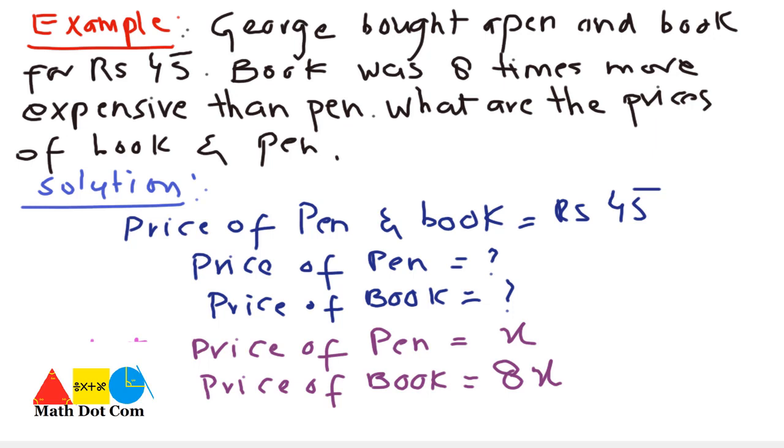So we have assumed the price of pen is x and the price of book is 8x. So how can we formulate the equation here? According to the condition we have x plus 8x equals 45. So this is the equation and we will solve it to find out the price of pen and book.